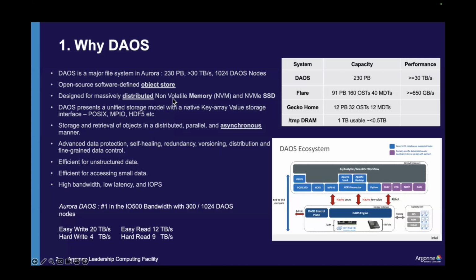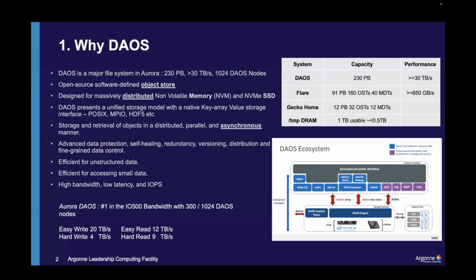So yes, DAOS is an object store. Your data is distributed across NVMe and SSDs, and most of the retrieval and storage happens asynchronously, and that's where distributed asynchronous object store comes from. All your data is stored as objects, basically key-value stores.